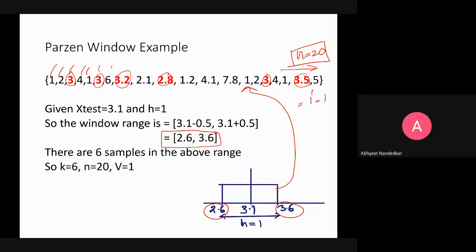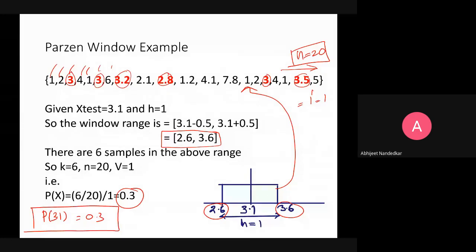So P of x, that is the density estimation here, is k divided by n divided by volume, 6 divided by 20 divided by 1, so this is 0.3. In this way we estimate the probability density at x equal to 3.1.